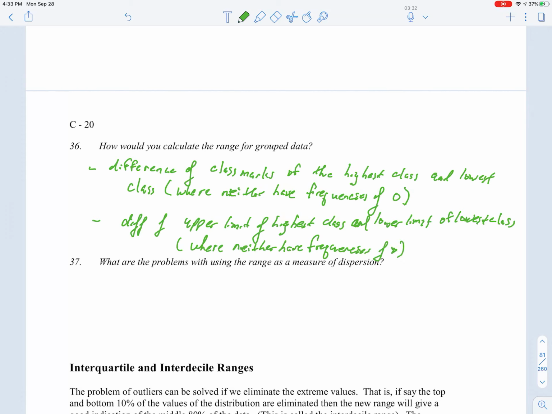And if they do, then of course you just simply go to the next one until you find a class with a frequency that is not 0.